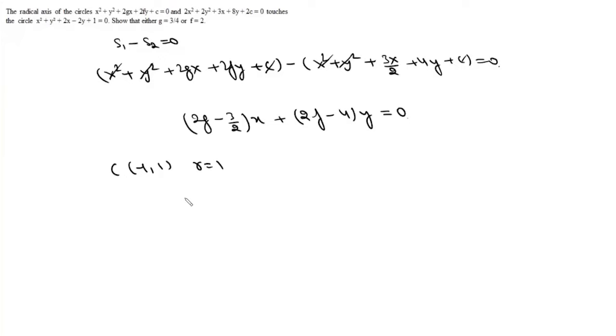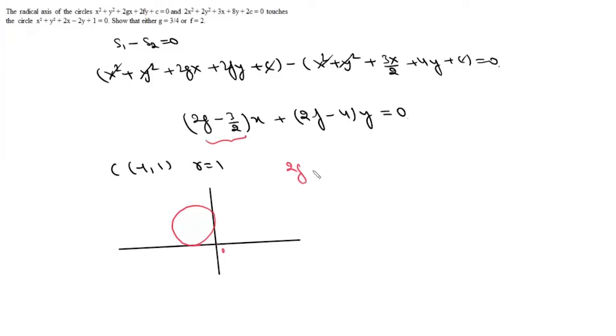So if we draw this circle, it will touch the x-axis and y-axis. So basically, from the origin, the two lines which are tangent to the circle are the x-axis and y-axis. Now for the x-axis, the equation is y = 0. In that case, this coefficient should be 0.